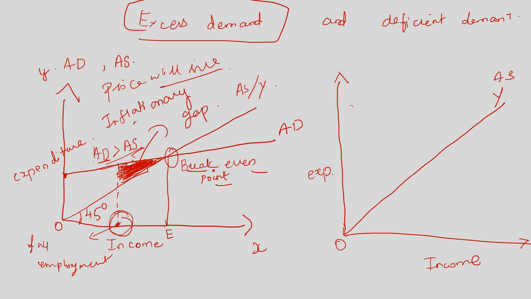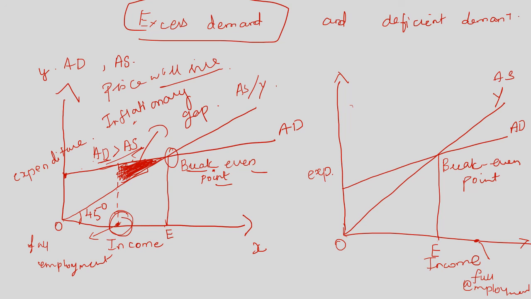Next I am drawing the aggregate demand curve. The meeting point is called the break even point. Here this is E, equilibrium. After the equilibrium point, here is full employment.